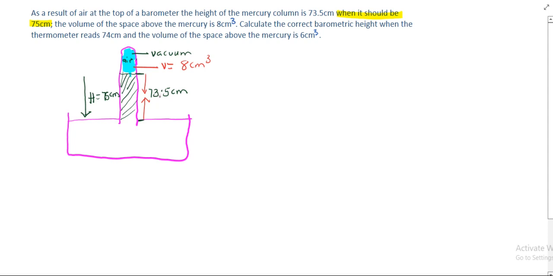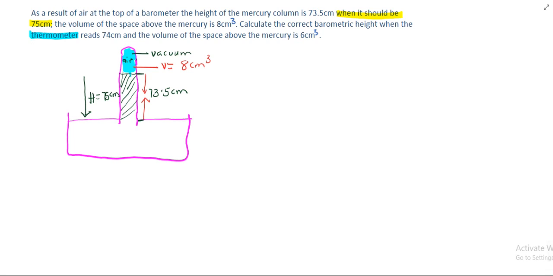Calculate the correct barometric height when the barometer, not thermometer, reads 74 centimeter.